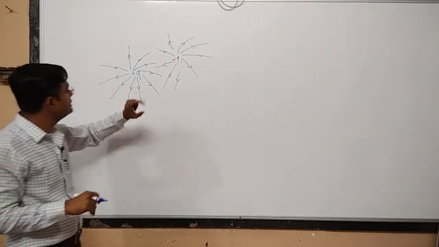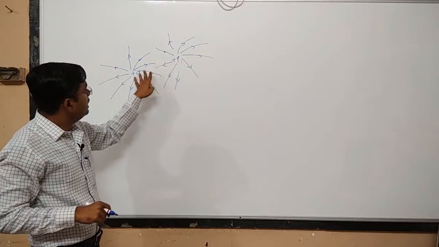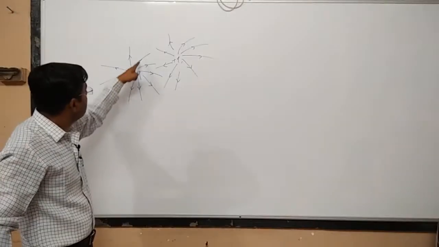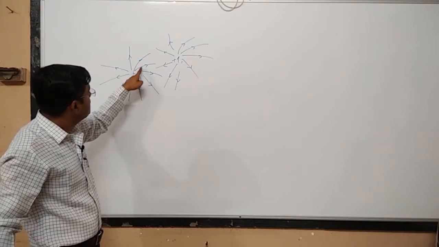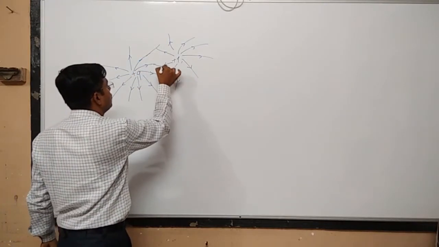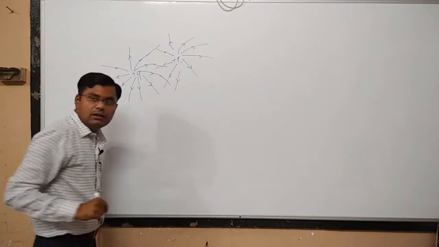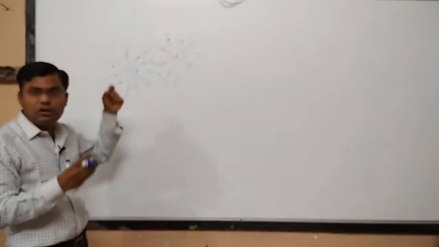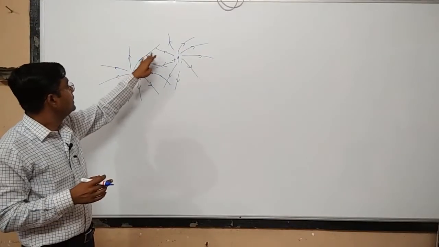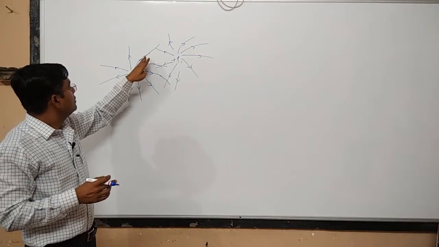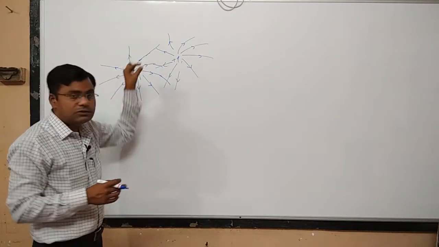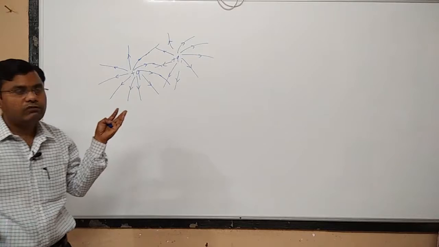Now you can easily see that even if these two charged particles do not touch each other, the electric lines of forces originating from each positive charge will cross each other somewhere.